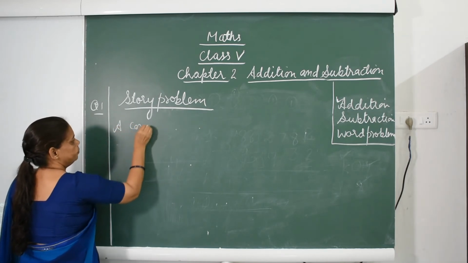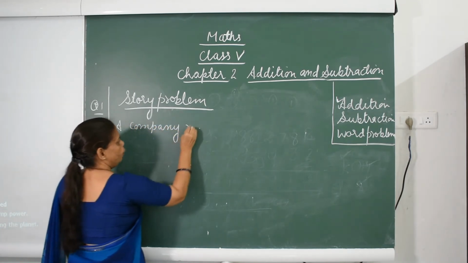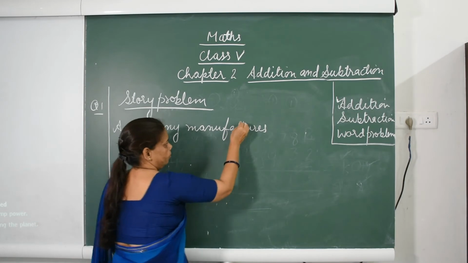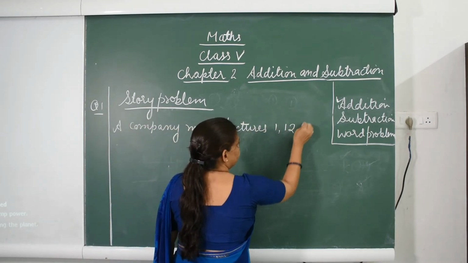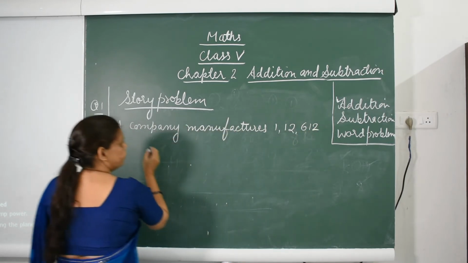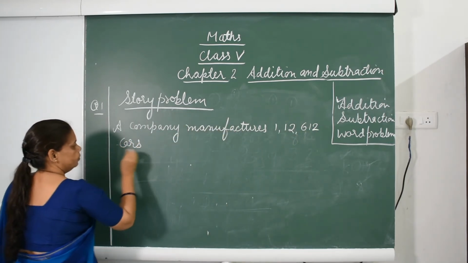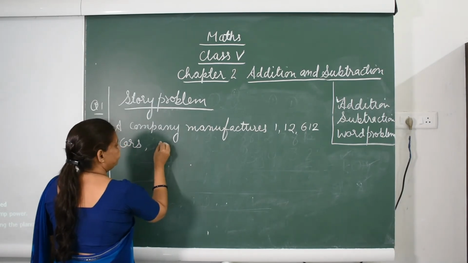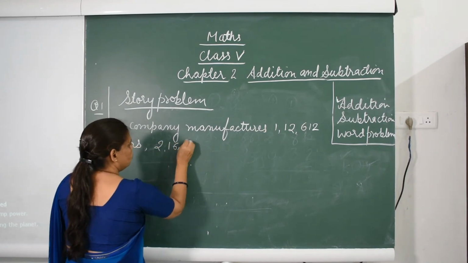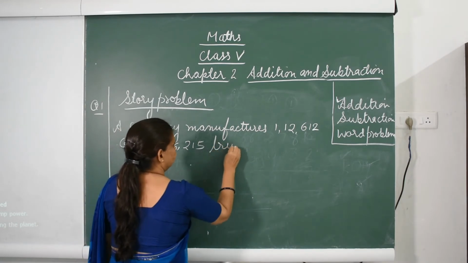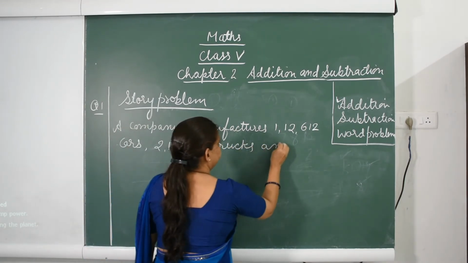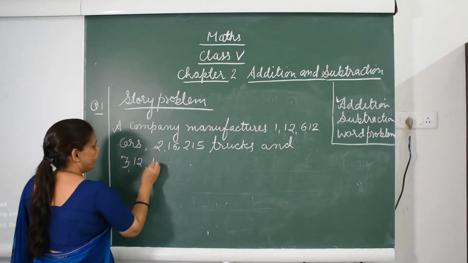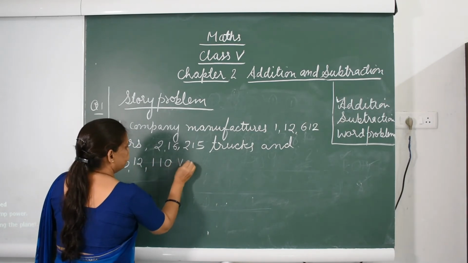A company manufactures 1,12,612 cars and 2,16,215 trucks and 3,12,110 vans.